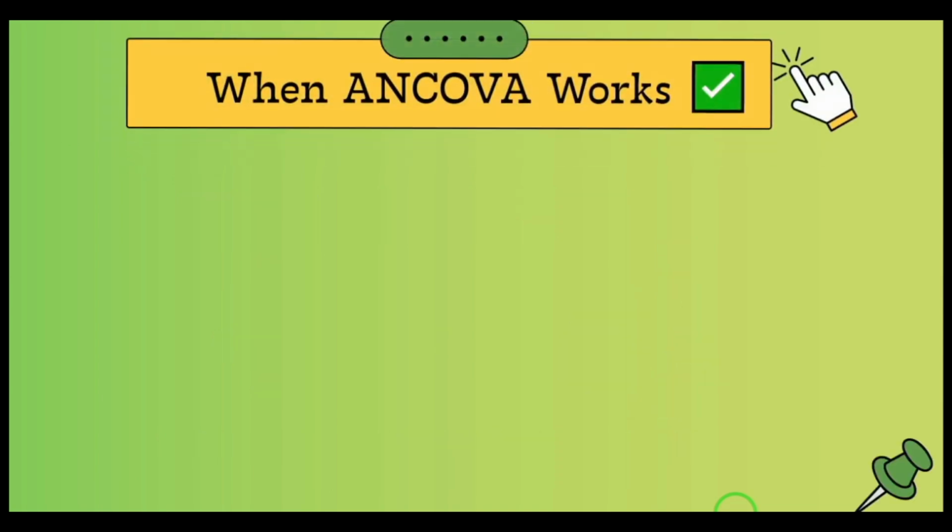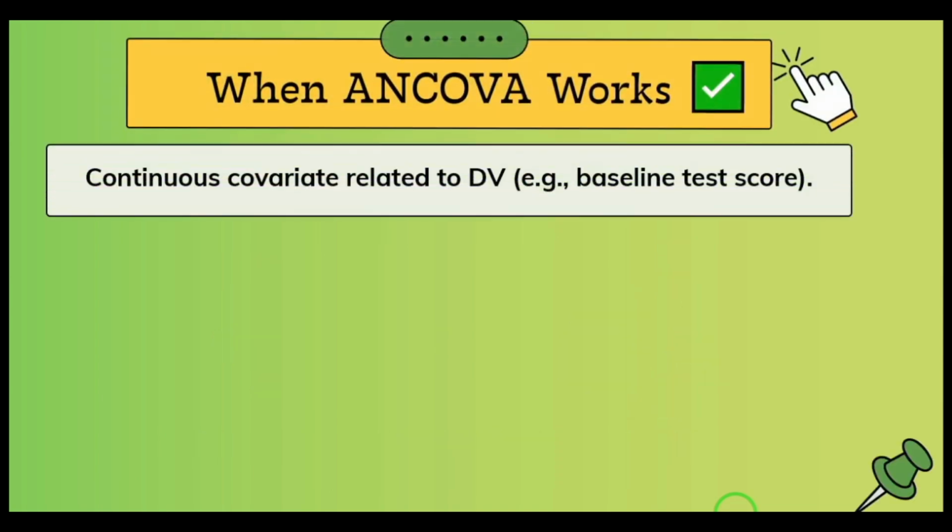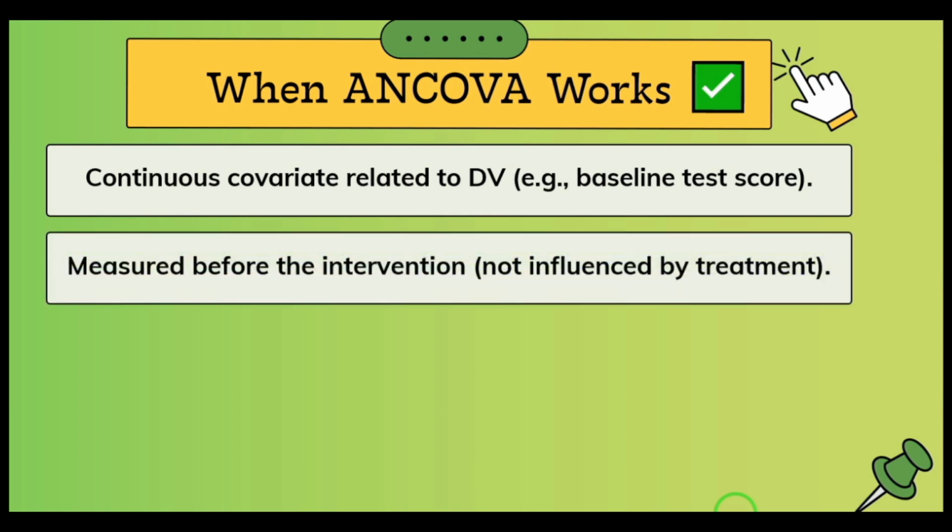Now that we understood what the ANCOVA is, let's see when it makes sense to use ANCOVA. Here are the main conditions. First, you have a continuous covariate that is related to your dependent variable. For example, baseline test scores that predict post-test performance are a continuous variable. And secondly, the covariate is measured before the intervention. That's very important because the covariate should not be influenced by the treatment.